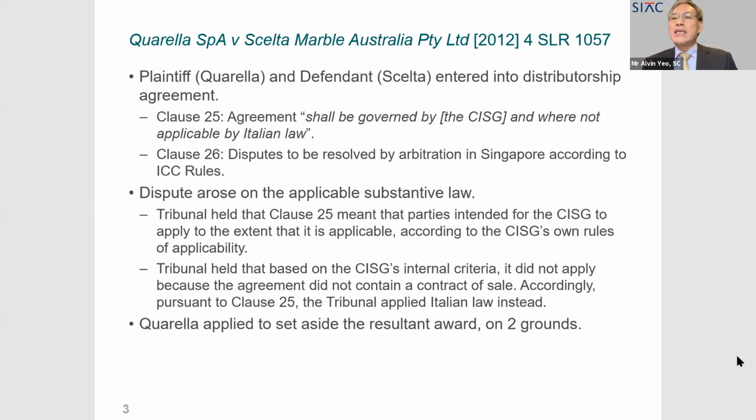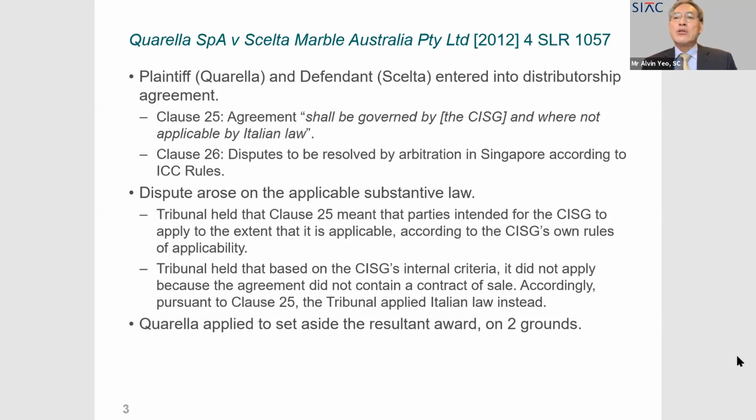They then went on to say that based on the CISG's internal criteria, the CISG did not apply because this agreement did not contain a contract of sale. Rather, it was a framework agreement for the distributorship. Accordingly, they went on to apply Italian law under the terms of clause 25.